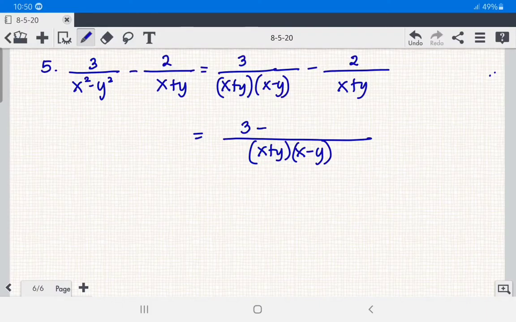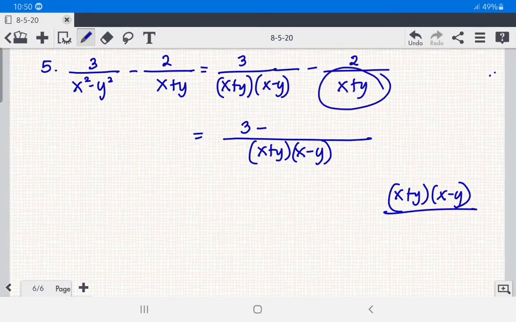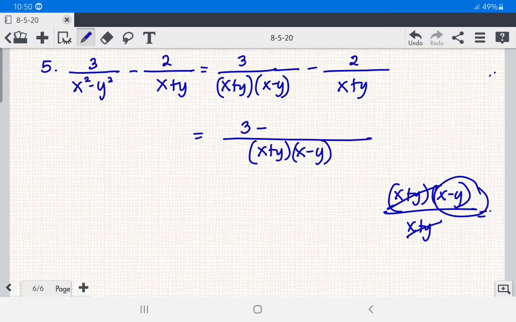Then, minus, because of this, x plus y times x minus y divided by x plus y. So, we can cancel this. We have only x minus y, right? So, times 2. So, we have 2 times x minus y.